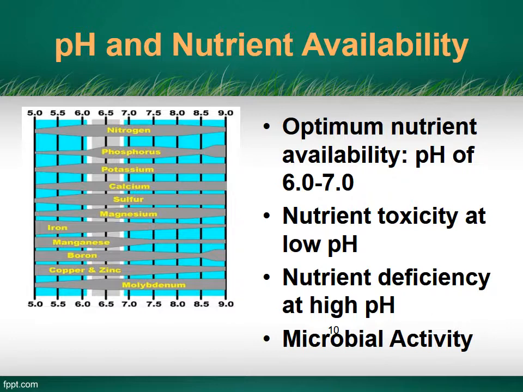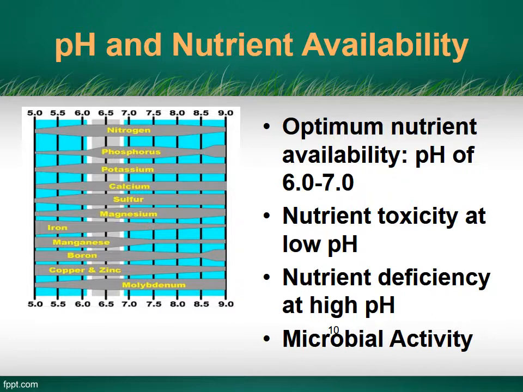So with some micronutrients, you can have a problem if you're trying to grow citrus and your pH is very, very low. If you have a good amount of copper in the soil, let's say you've been using liquid copper as a fungicide, you may have a lot of accumulated copper in the soil. It can rise to levels where it's toxic to the citrus.